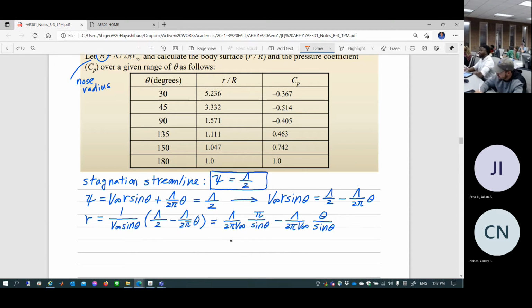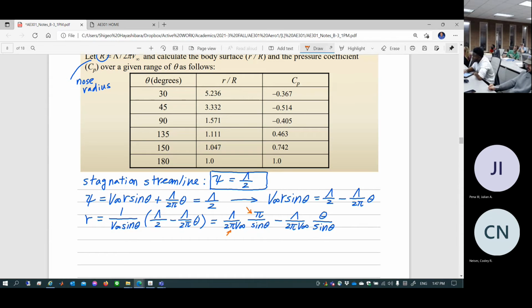So what did I do? I multiplied by pi and divided by pi. You can do such a thing. Why am I doing that?